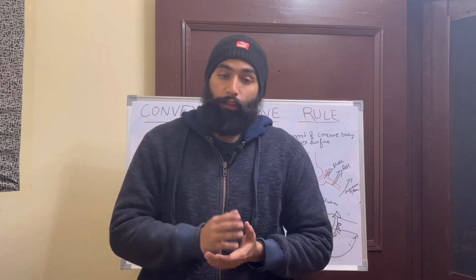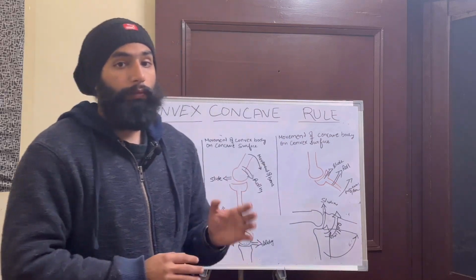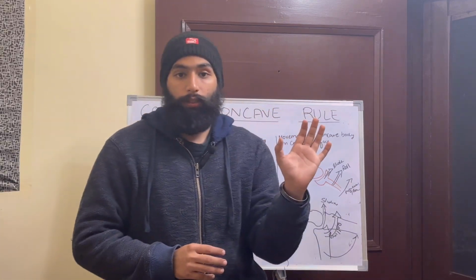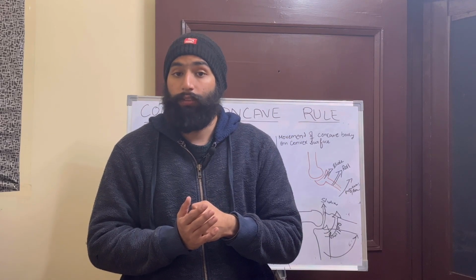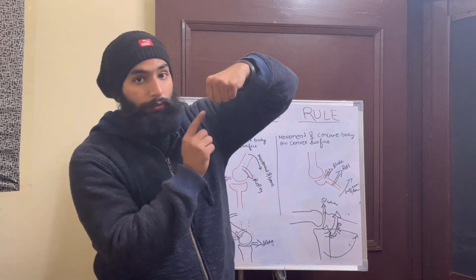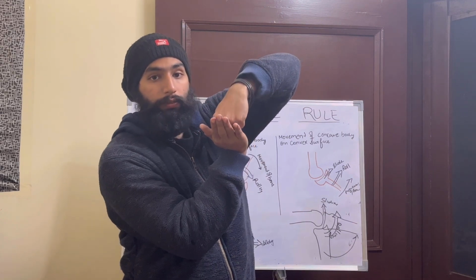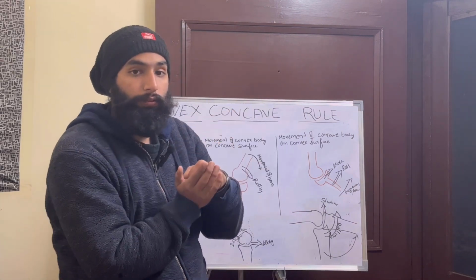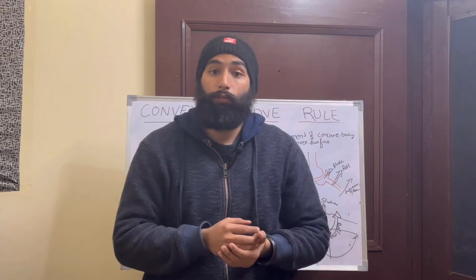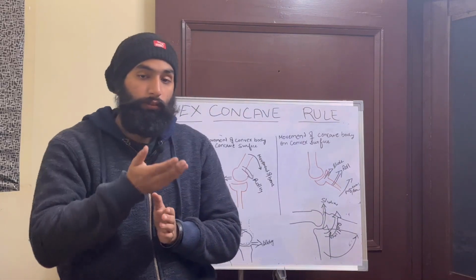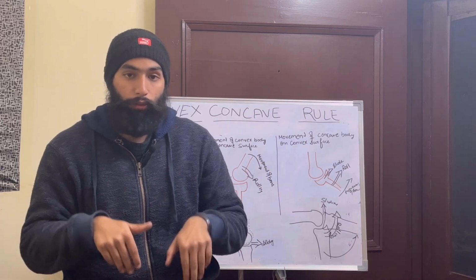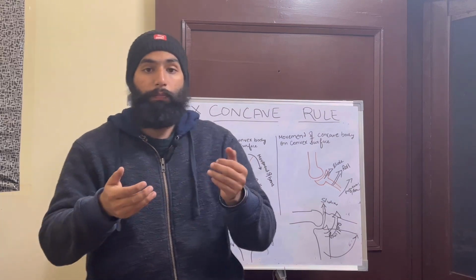There are two scenarios in the convex concave rule. The first is when the convex surface moves over the relatively stable concave surface. For this, we will take the example of squatting. Our tibia, which has the concave surface, is fixed onto the ground, but we are bending.